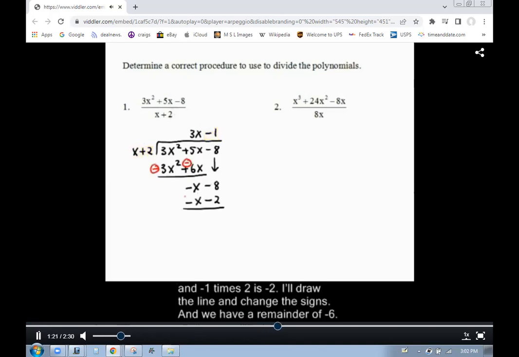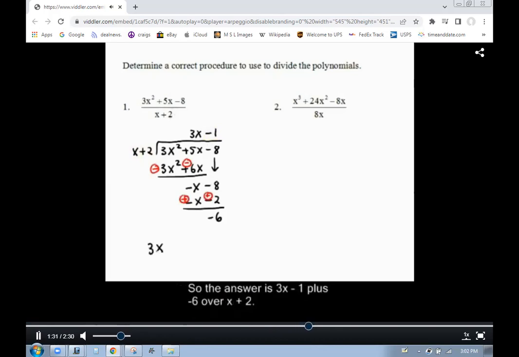I'll draw the line and change the sign, and we have a remainder of negative 6. So the answer is 3x minus 1 plus negative 6 over x plus 2.